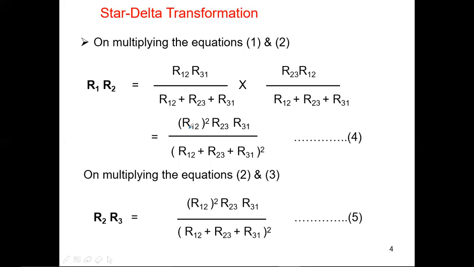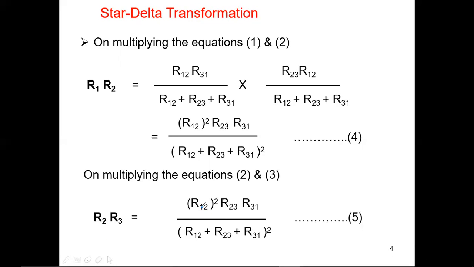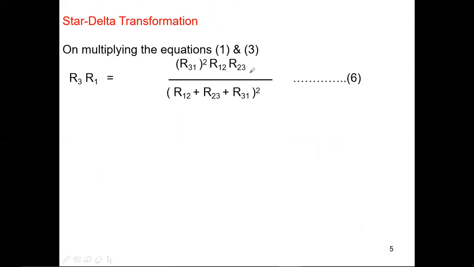Then I do the same steps for the remaining pair. This should be R23 whole square into R12. This is wrong, you should note this: R23 whole square into R31, R12 is correct.